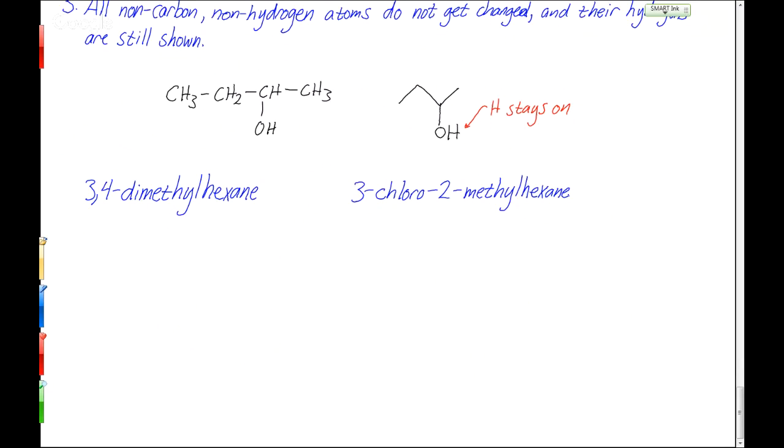How many carbons are in hexane? 6, yeah. Those are both going to be based on 6 carbon chains.